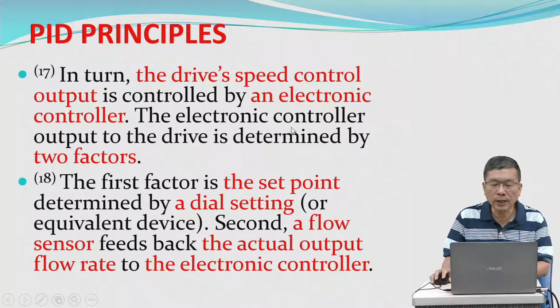The electronic controller output to the drive is determined by two factors. The first factor is the set point determined by a dial setting or equivalent devices. Second, a flow sensor feeds back the actual output flow rate to the electronic controller.